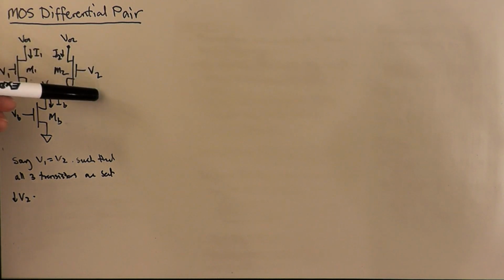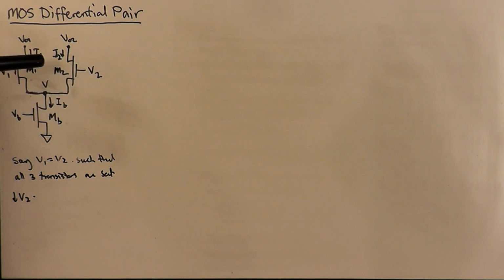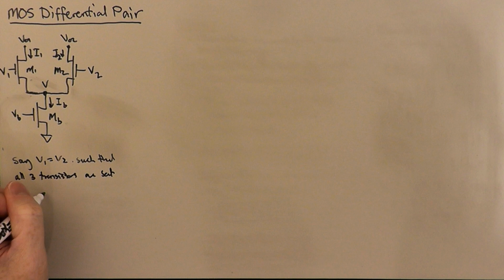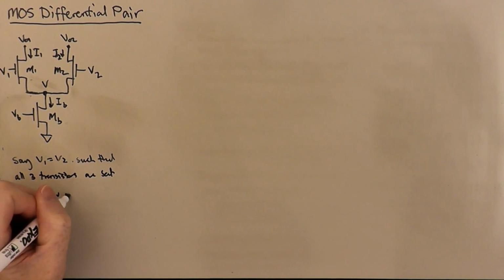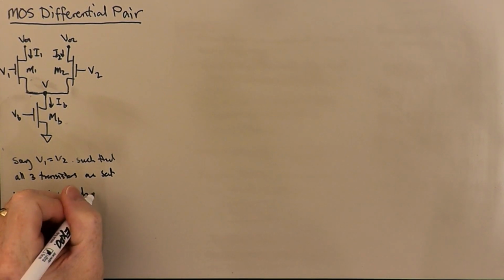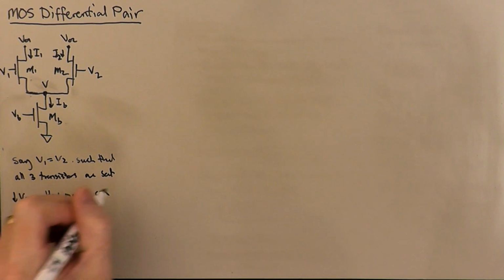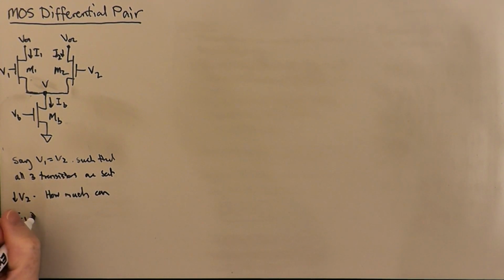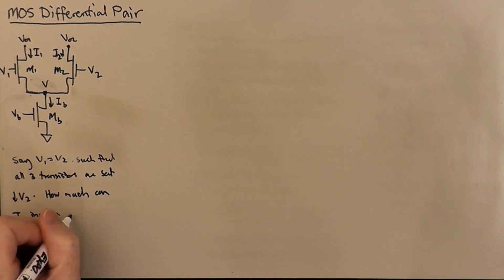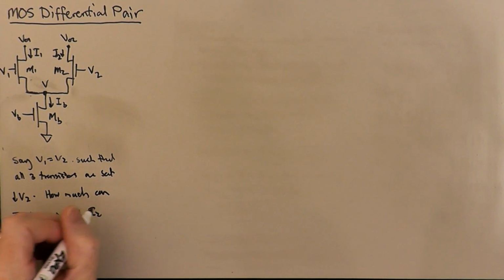We're going to keep pushing V2 down and steer more current toward the I1 side. Question is, how much can I1 increase and I2 decrease?